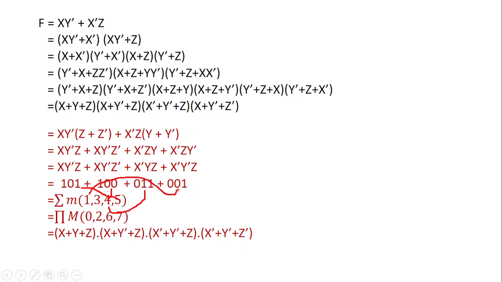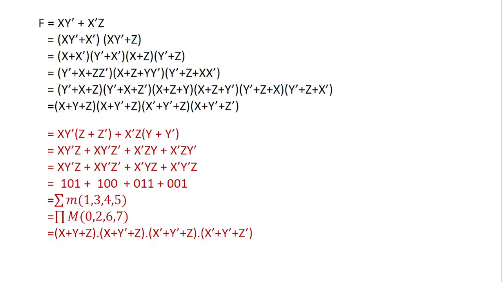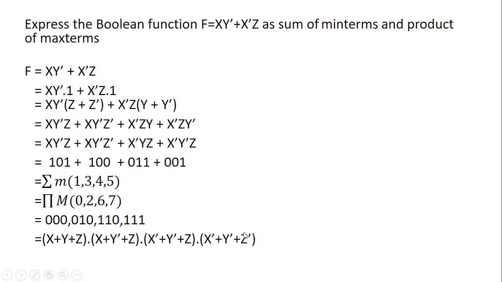Out of this, you have left a few of them. Few of them are gone. Which one is gone? 5 is gone, 4 is gone, 3 is gone and 1 is gone. Which one is remaining? 0, 2, 6 and 7. Hope I remembered all of them. But if not, I will just look at it.